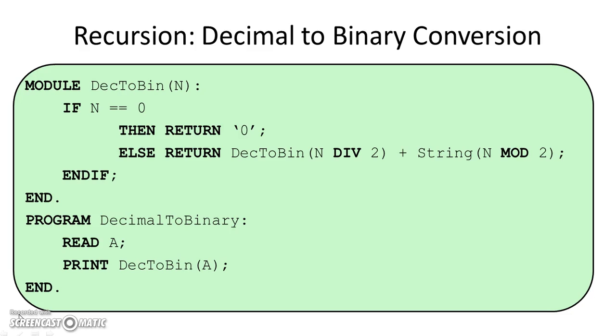So let's say it's 11 the first time, then 5, then 2, then 1, and the string value of n mod 2, that is the remainder of 2. So we're going to get the string part adding on the values successively each time until we reach 0, and then the string value 0 will be added on. So that's our decimal to binary conversion.